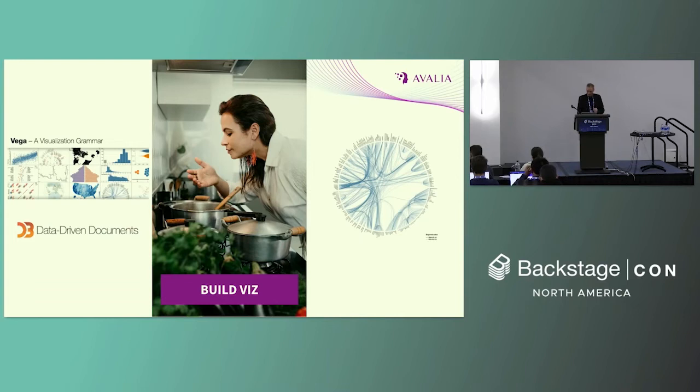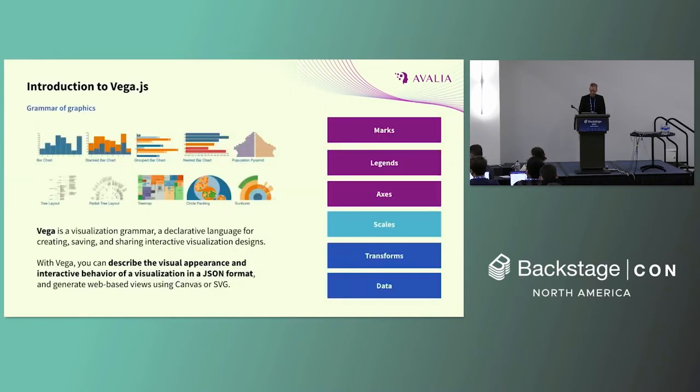Now the interesting part is how can we create these visualizations. And there are, of course, many approaches to do data visualization. So I'm going to talk now about Vega.js, which is an open source library built on top of D3.